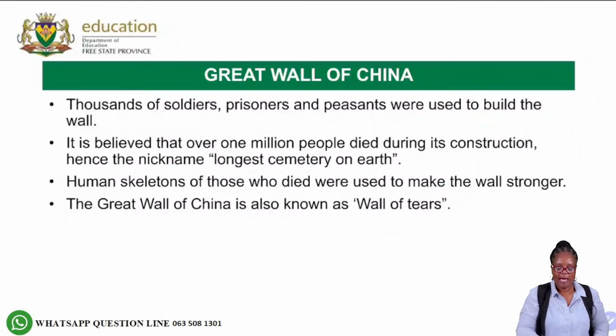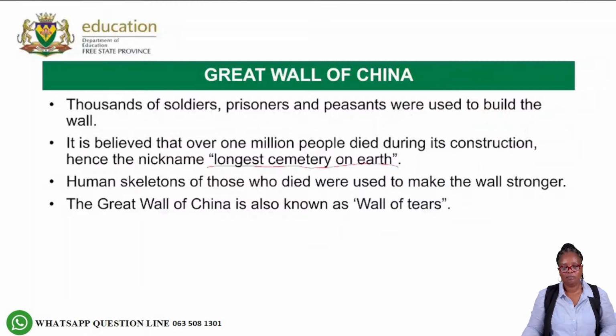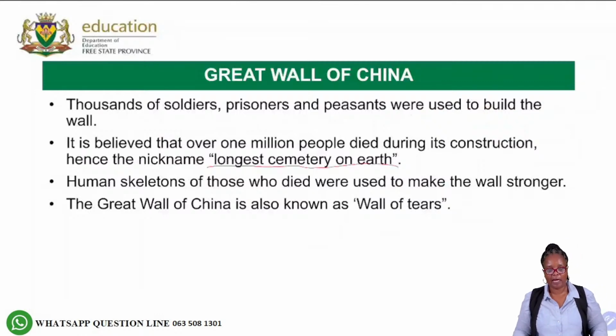That's why it has a nickname, the longest cemetery on earth. The Great Wall of China is also known as the longest cemetery on earth, because over 1 million people who died during its construction were used as the building material.